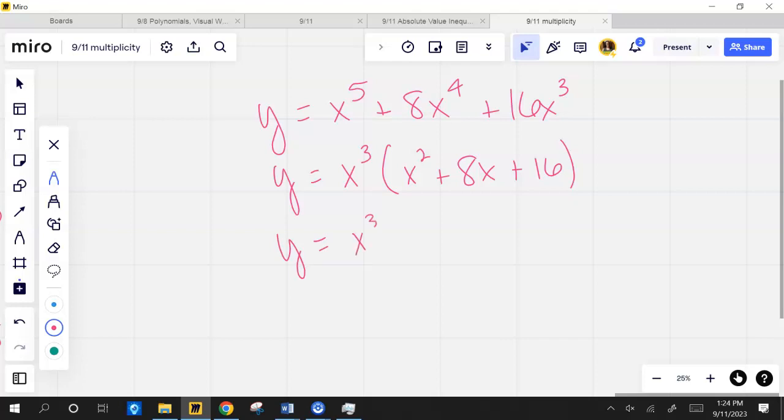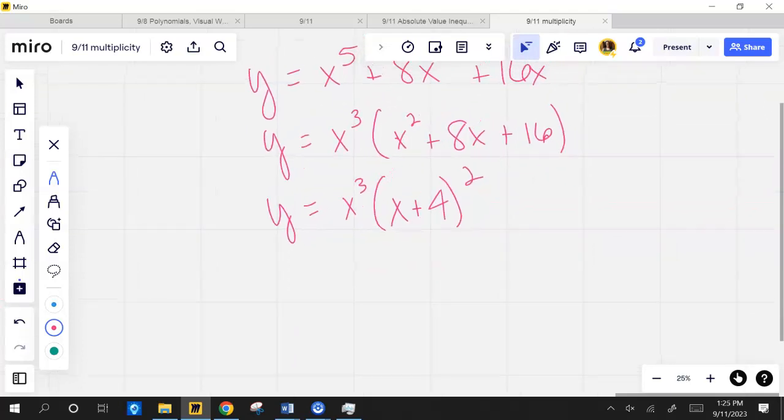So x to the third, nice job, Delaney. Square root of this times the square root of that is 4x, doubled is 8x, so it factors as x plus 4 squared. If you did not remember the perfect square trinomial and you factored it out like normal, that's fine too. You could also shortcut this one since there's no leading coefficient in the front.